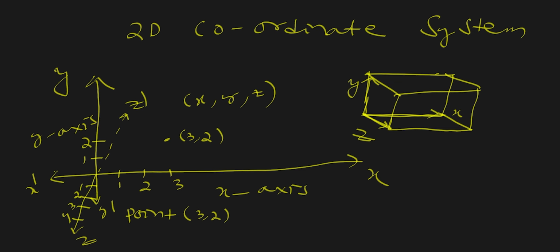Let's say this chair is at 2 comma 1 comma 3. This means 2 units along the width, 1 unit off the floor, and 3 units away from the wall.